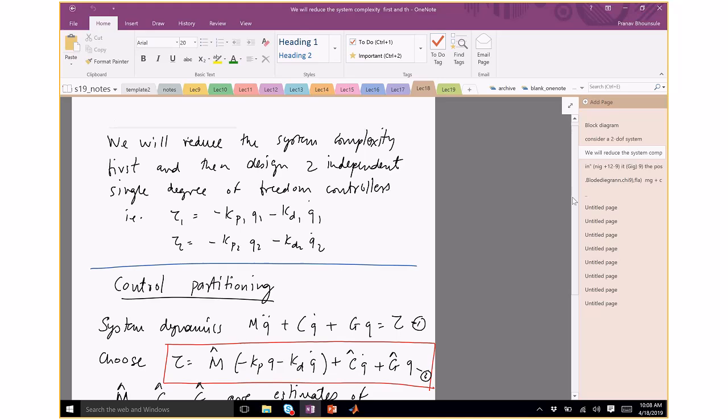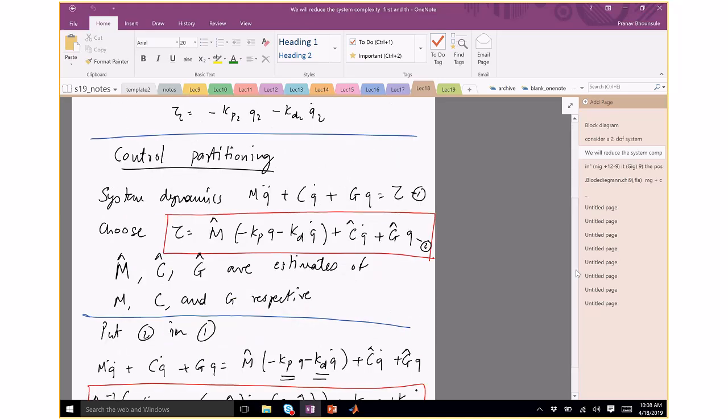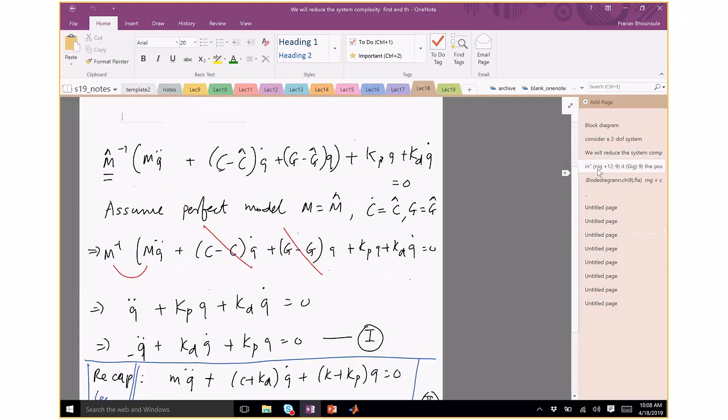So this is control partitioning, where essentially I choose the torque to be M, an estimate of mass, times KP times Q, proportional gain times Q, minus KD times Q dot, plus the Coriolis term and the gravity term. If I do this right, then the system reduces to a system which looks like this.